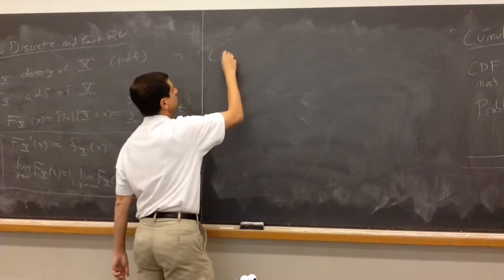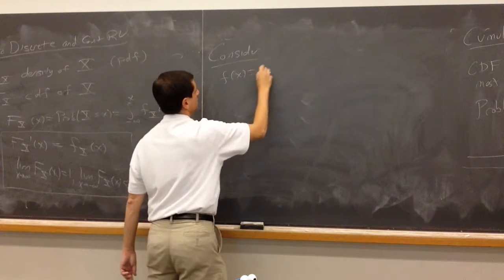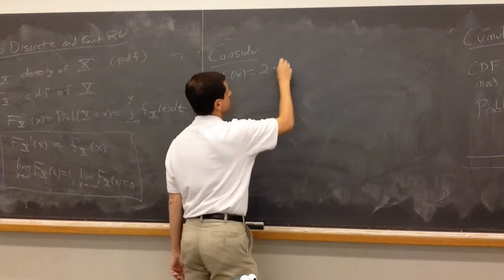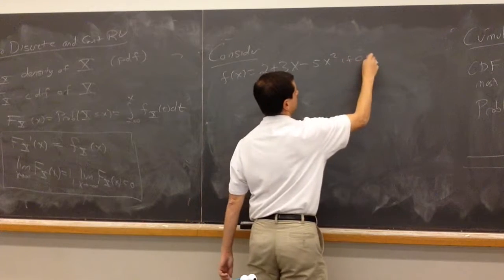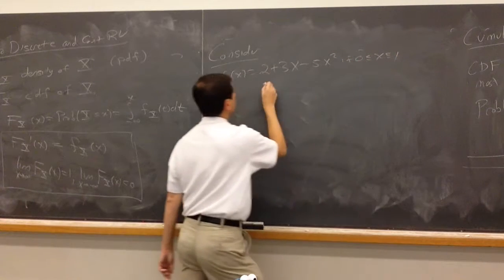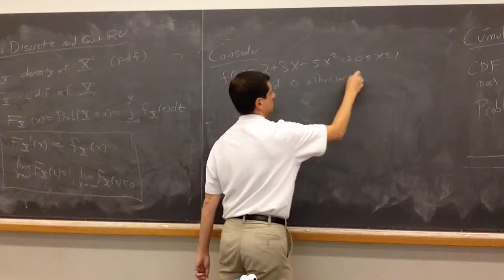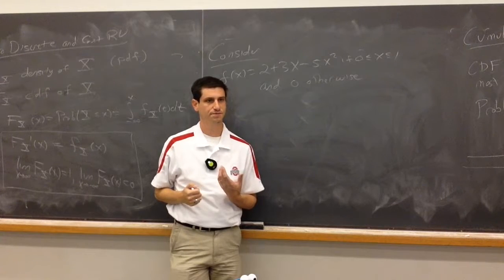So consider f of x equals 2 plus 3x minus 5x squared if 0 less than or equal to x less than or equal to 1, and 0 otherwise. Do you think that this is a probability distribution function?